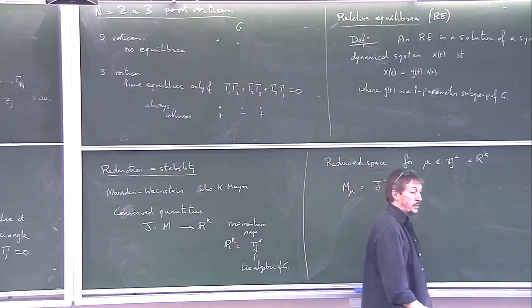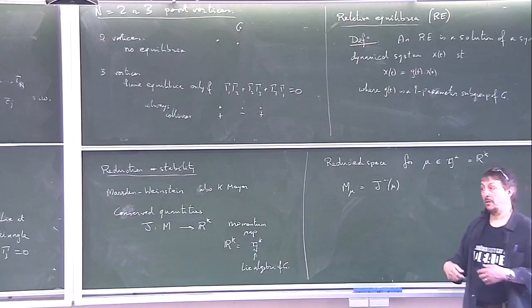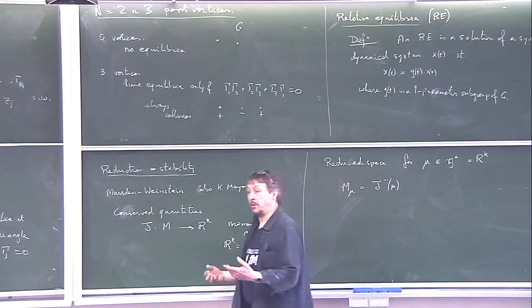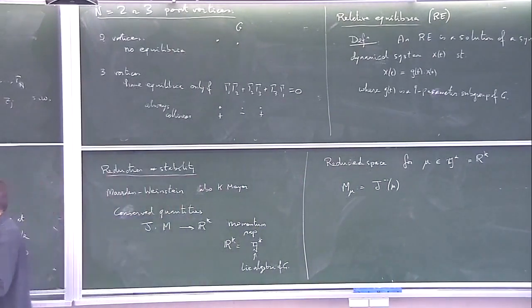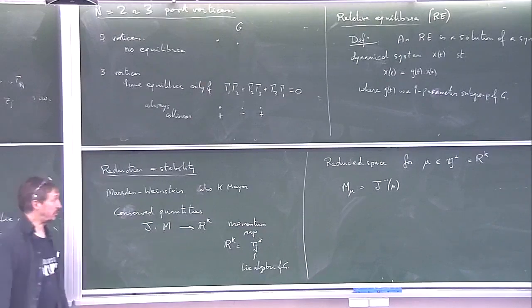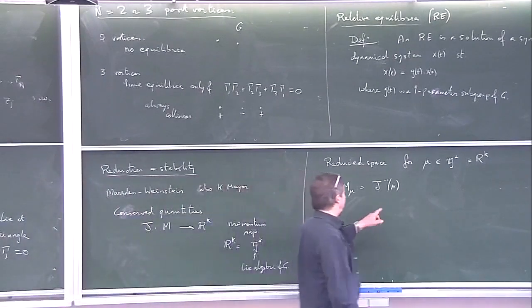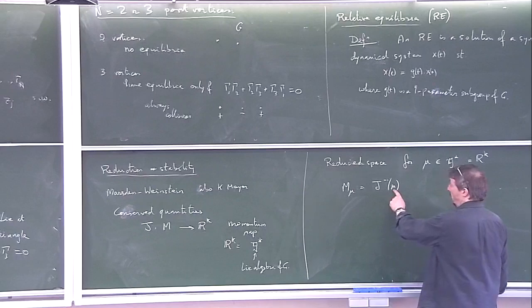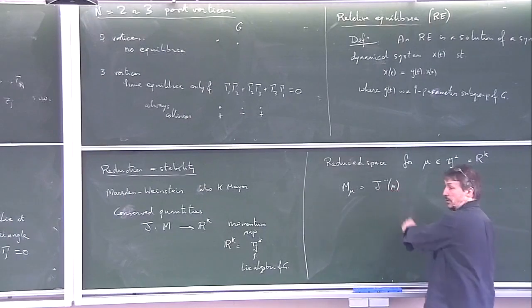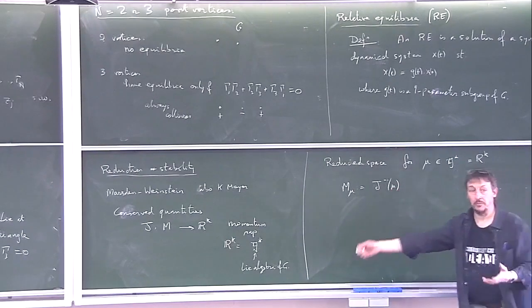Because the motion takes place with these conserved quantities constant, if we start at a point whose J value is mu, then for all time, the J value is also mu.